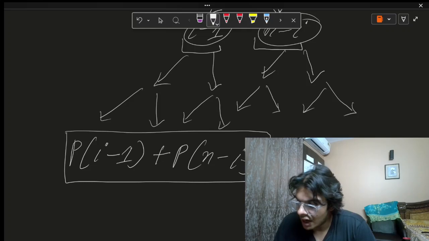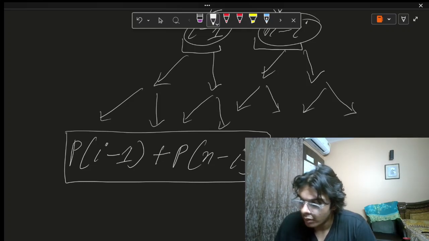Now, as I said, this I is any node, any random node. We don't know which node it can be. So the probability of this node I being any random node is basically 1 upon n. We discussed this above.